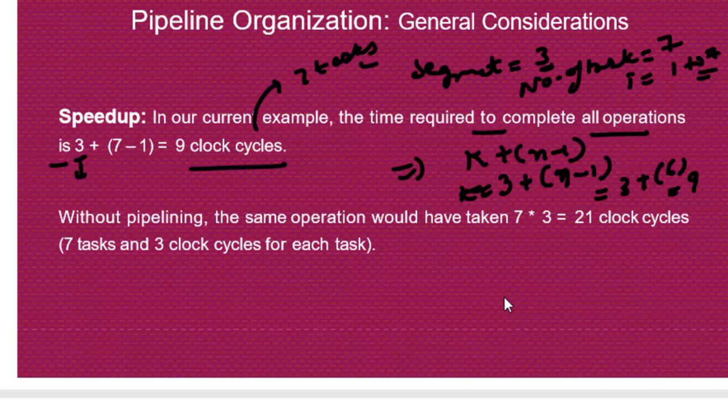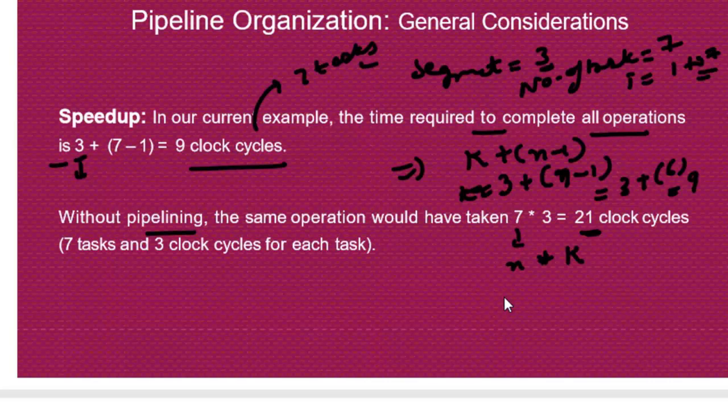But what happens if we do the same thing using a non-pipeline structure? In that case, it is n into the number of segments. So n was 7 and k is equal to 3, so 21 clock cycles are required to execute all those 7 tasks.